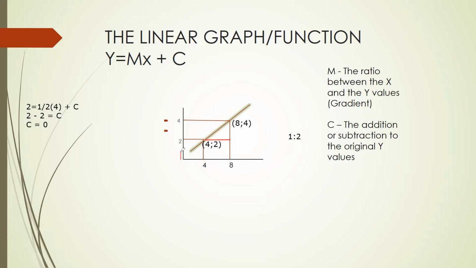Pilots will say altitude and things like that. If the gradient was 2, you would say for every 2 steps you took above the ground, you took only 1 step on the ground.